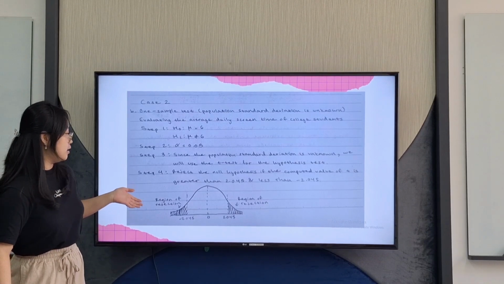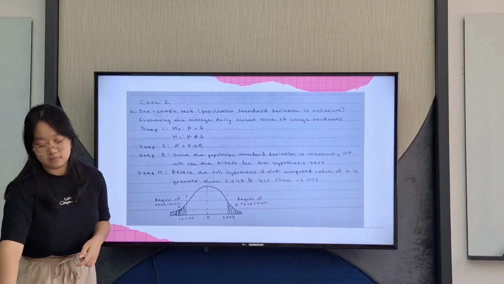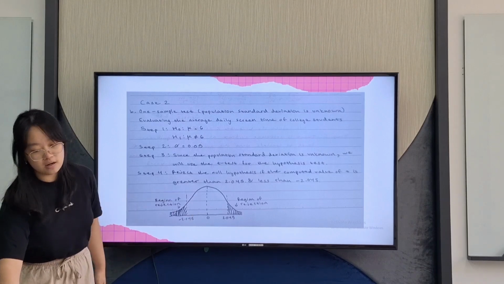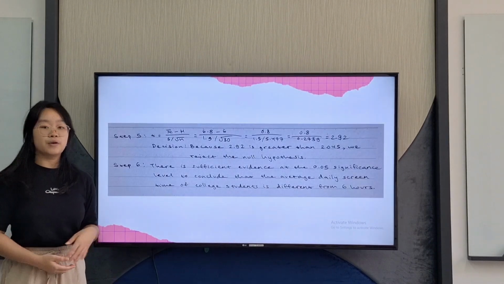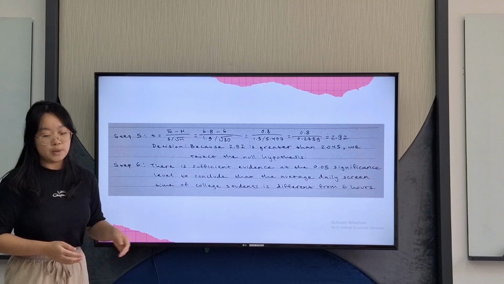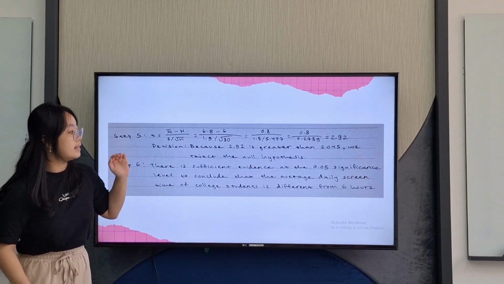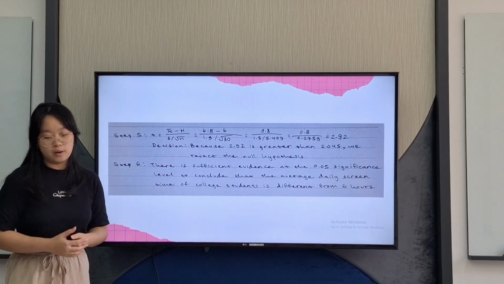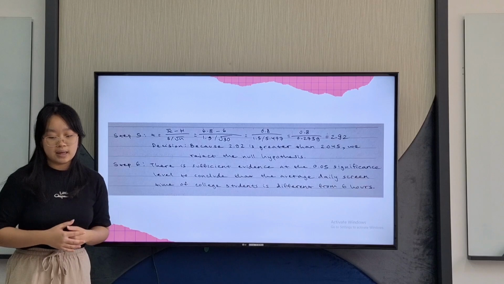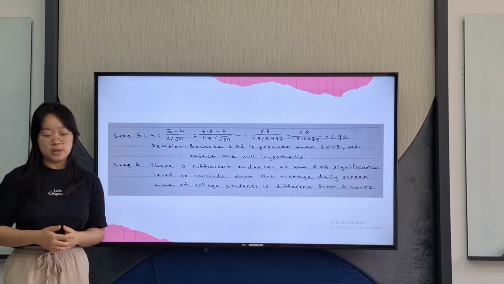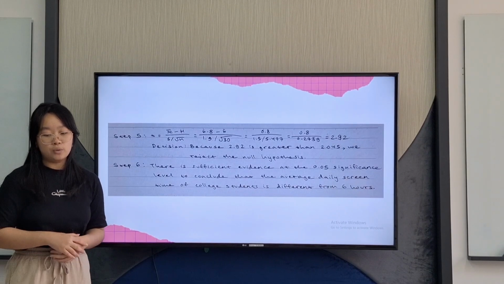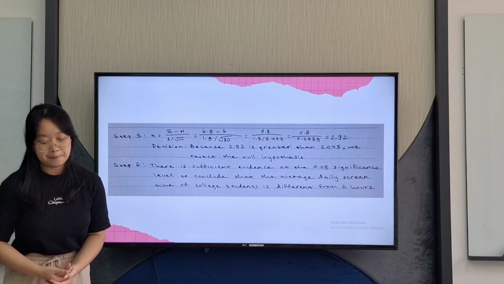And this is the graph with the region of rejection. And next for the step 5, here we have the t formula, and the answer that we got is 2.92. The decision that we will make is because the 2.92 is greater than 2.045, we will reject the null hypothesis.